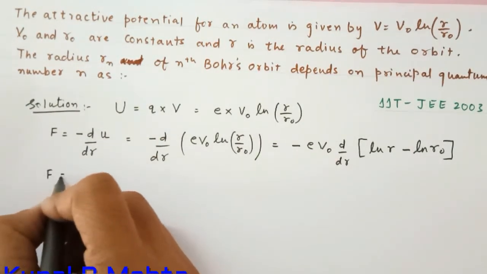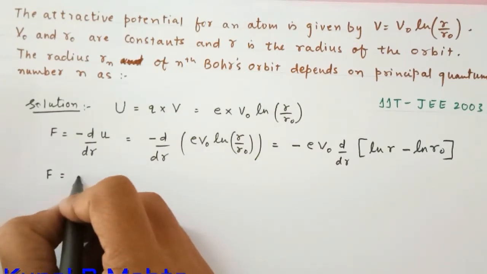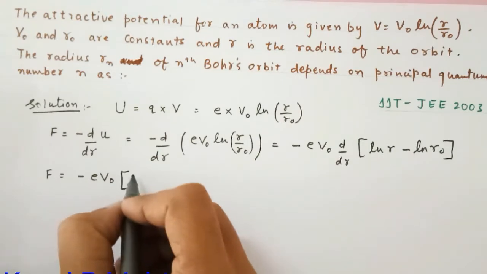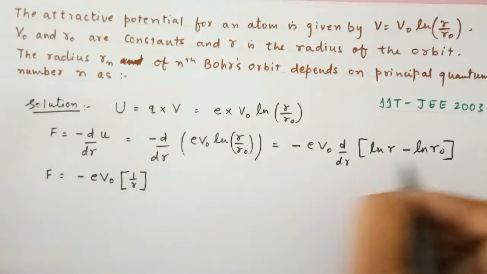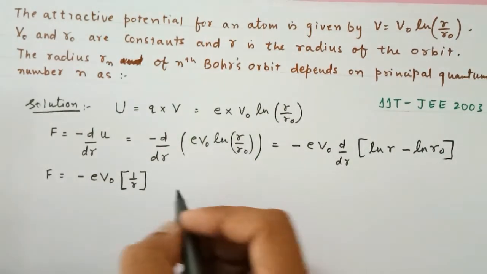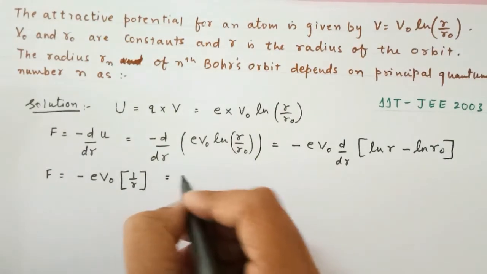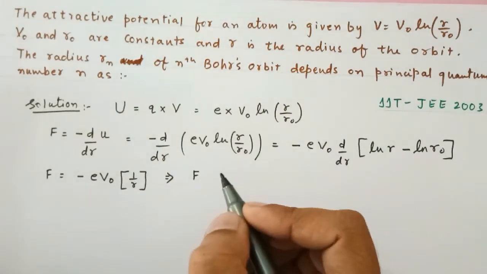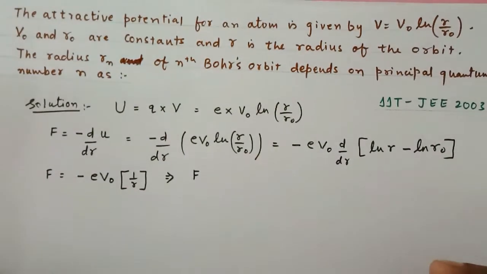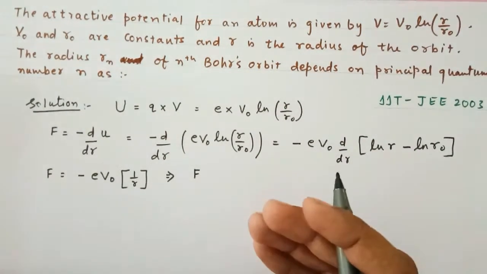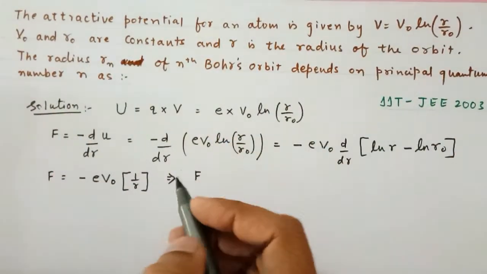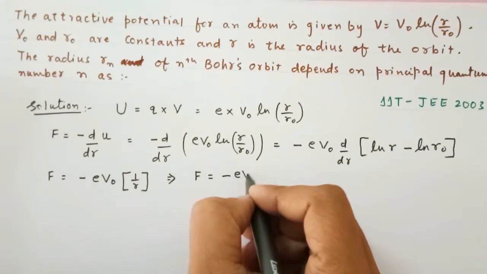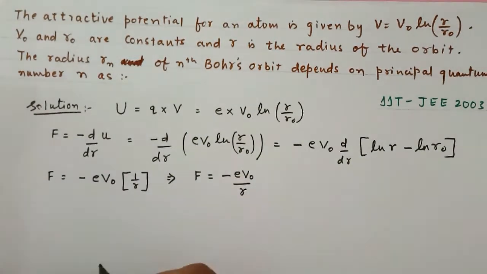So F is equal to minus e times V0 times 1 by r, whereas this differentiation will be 0. So we have actually obtained the expression for the force between the electron and the nucleus, which need not be the Coulomb force as per this particular problem. So that is equal to minus e times V0 by r.